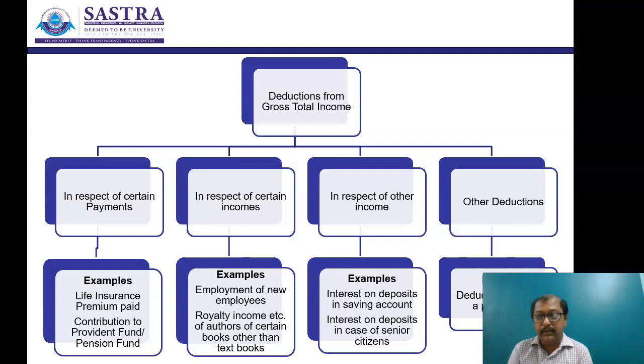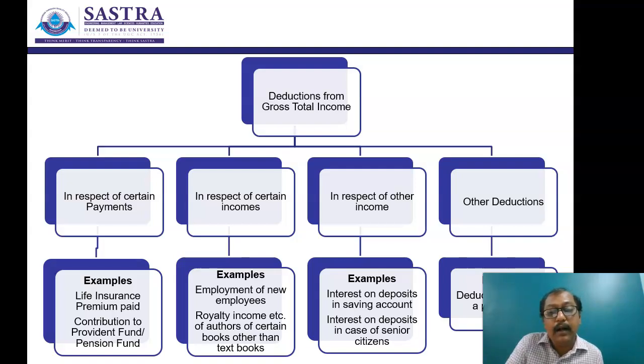For example, there can be deductions in respect of certain payments. You pay for your life insurance plan, or you pay your contribution to provident fund. These are going to be given as certain exemptions on your payment of taxes.